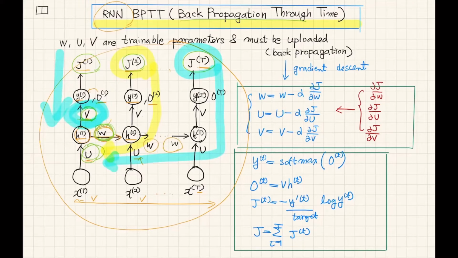So updating the W is much more complicated because it is sequentially connected from cost function JT up to hidden layer H2 and H1. So because it goes from JT to stage 1, W is multiplied T times. That's why we call this backpropagation through time.